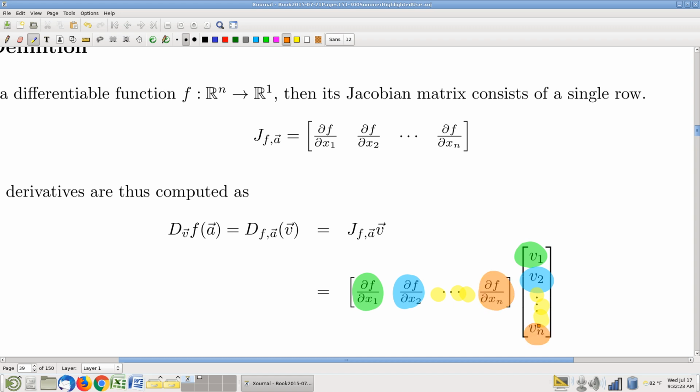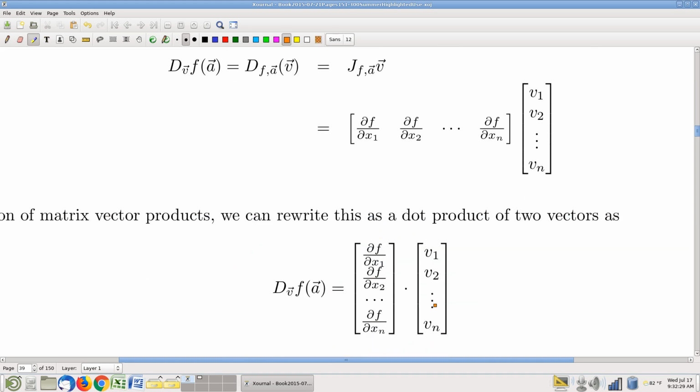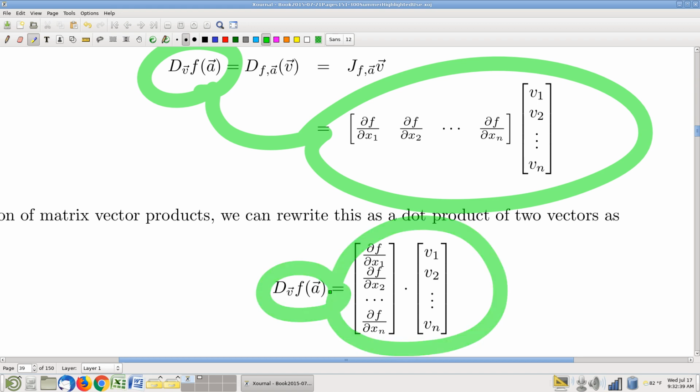It's just a dot product, right? Well, how about I just write it out like that? So instead of saying directional derivative is a matrix vector product, how about I write it as directional derivative is literally a dot product of two vectors. Okay. So that's the idea.